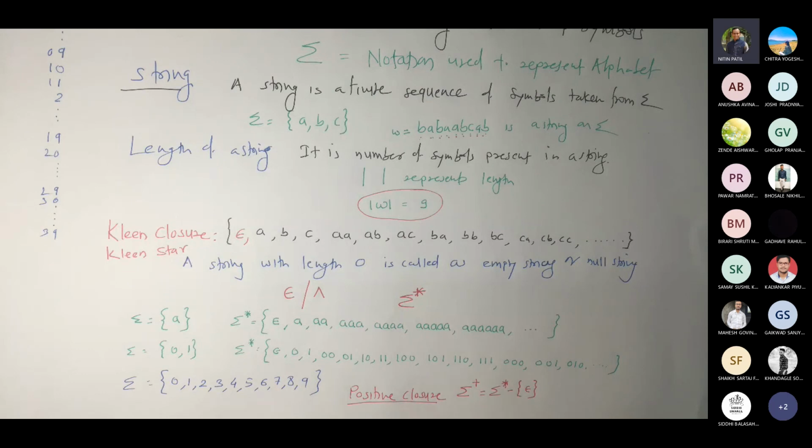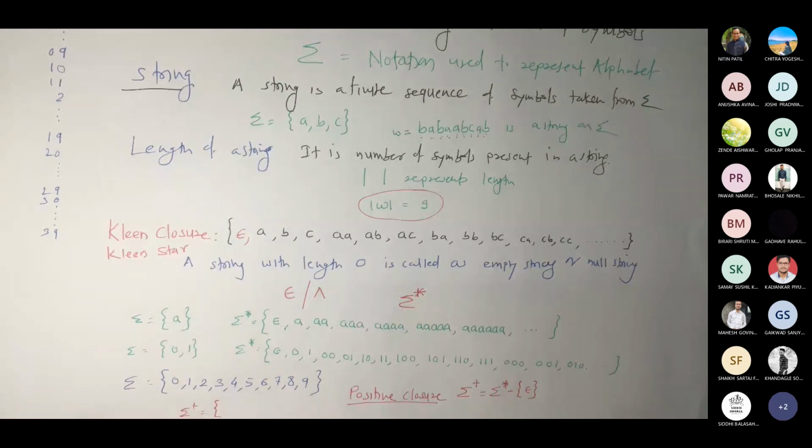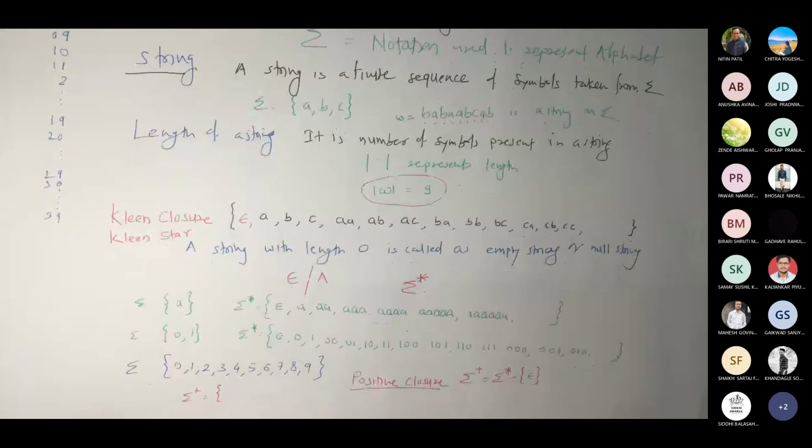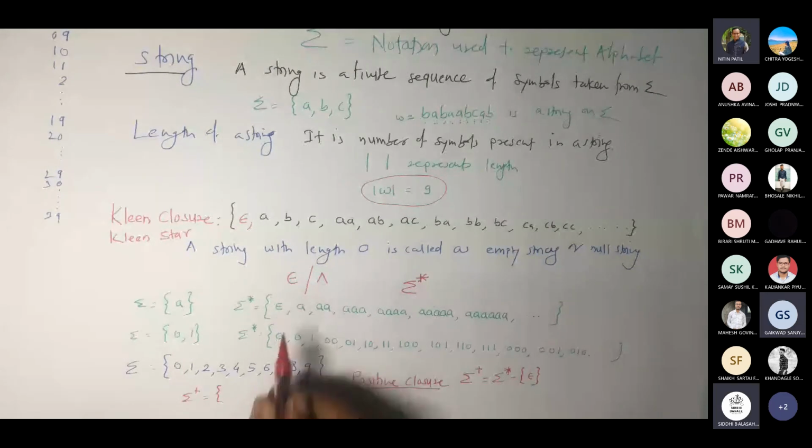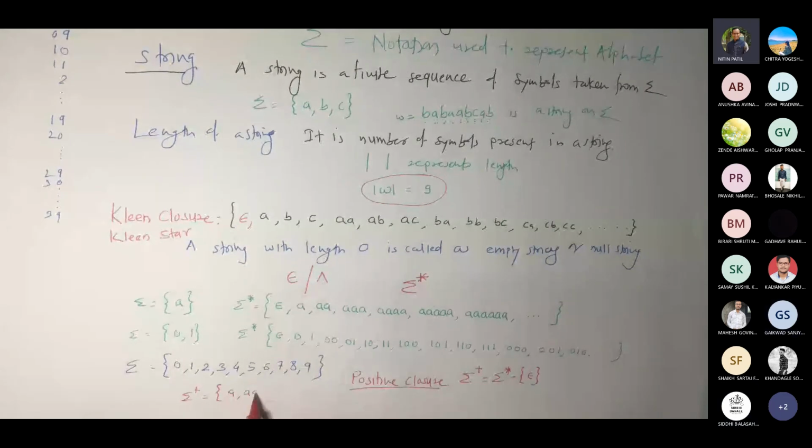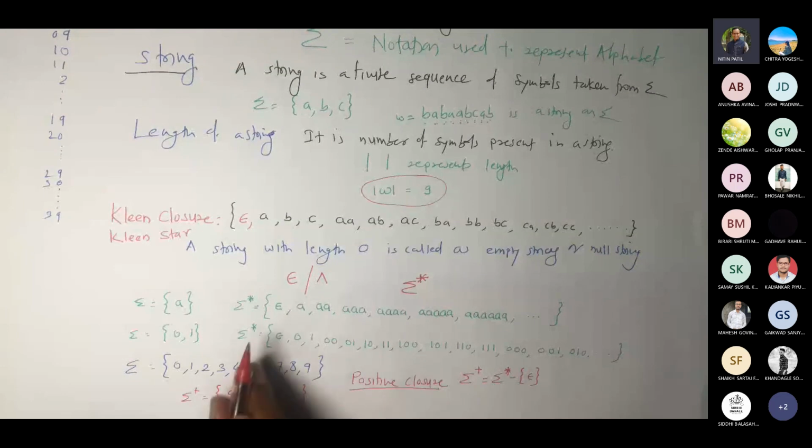Now, if it is the case, ultimately, what would be sigma plus for this? Sigma equal to A. What would be sigma plus? You remove this epsilon, you directly start doing this. Done. You remove only epsilon from this set. Same thing would be here.